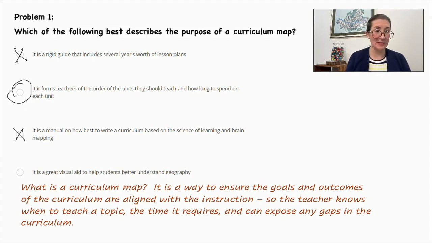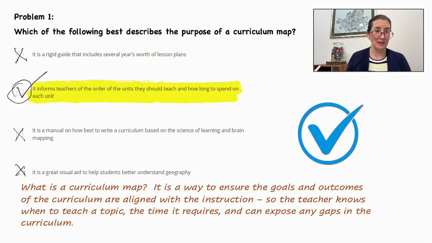That is not the case here. Or it is a great visual aid to help students better understand geography. Well, we know it's got nothing to do with geography, so the answer is in fact: it informs teachers of the order of the units they should teach and how long to spend on each unit.